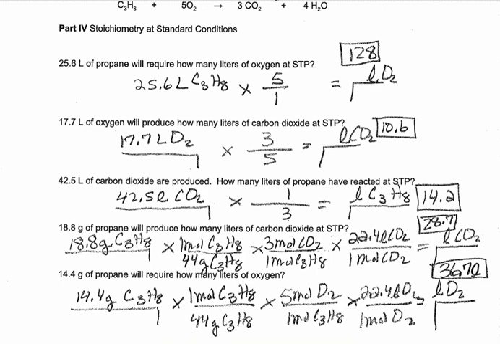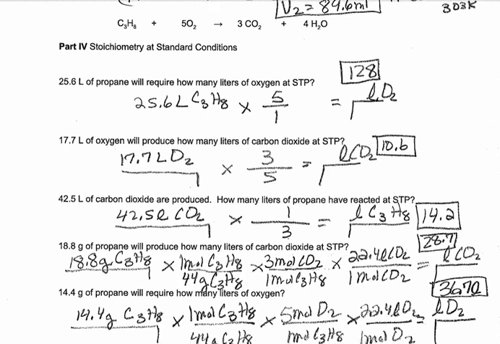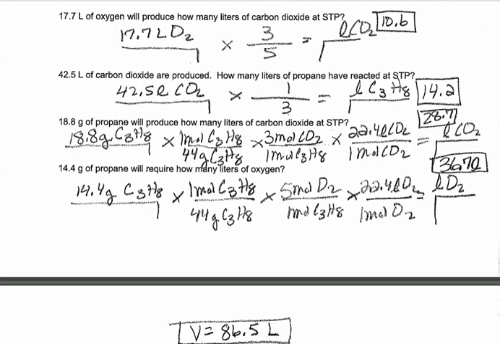We can go back up there really quickly. There's a 3 for my CO2 and a 1 for my propane. And how do I get out the liters then? Well, 1 mole of any gas at STP always occupies 22.4 liters. So then I'm going to multiply by 22.4 liters of CO2 over 1 mole of CO2. And bang, there your answer is 28.7.